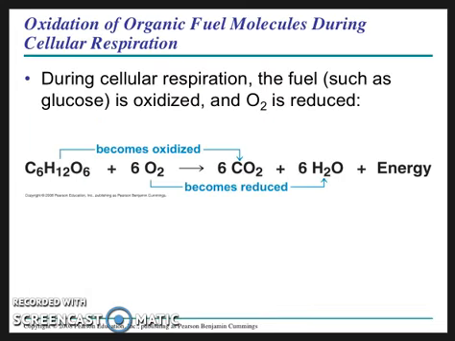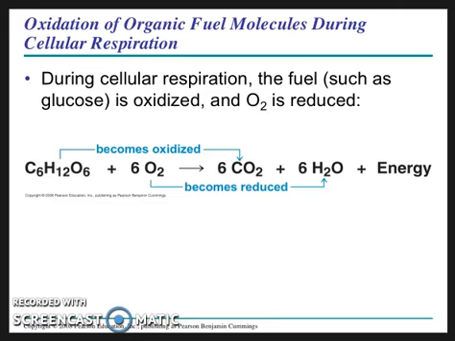Here's another example. I'm going to go back to cellular respiration because that's what we're talking about this chapter. So in cellular respiration, our fuel source, whatever that fuel source is, in this case it's glucose, our glucose becomes oxidized. So if it becomes oxidized, it donated an electron, or it rearranged its covalent bonds.